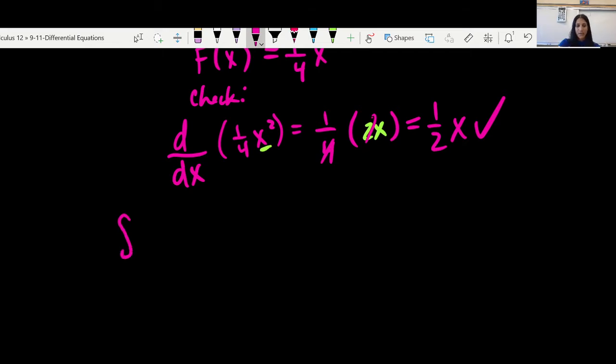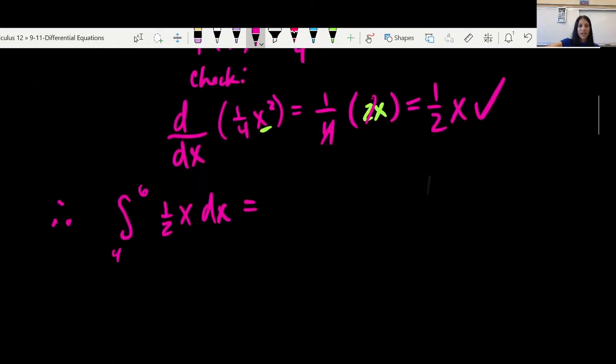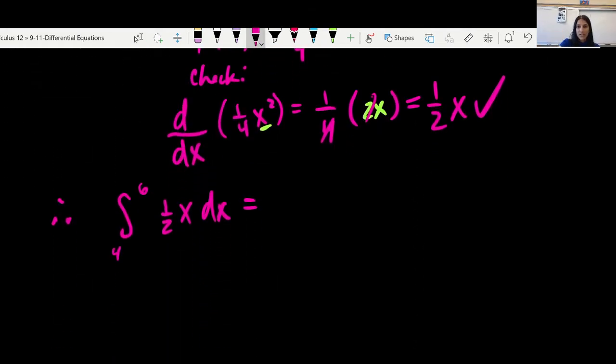So then, so therefore, that's my little symbol for therefore, if I want to check the interval from 4 to 6, let's say, so remember 6 is the upper limit, 4 is the lower limit, of 1/2 x dx, so the one that we originally started with, then it's just what we found here, which was the 1/4 x squared, and then I would want that from 4 to 6 using our notation here.